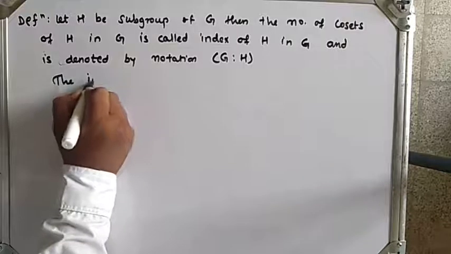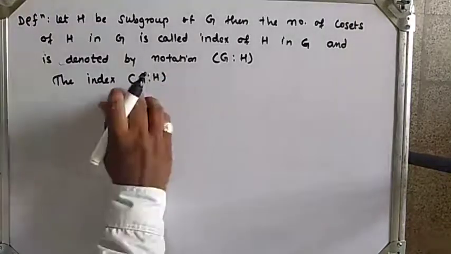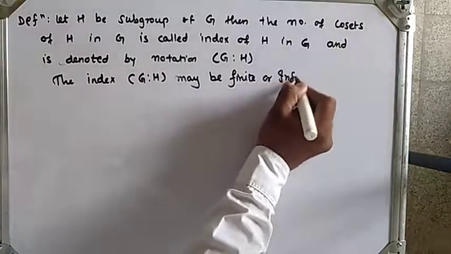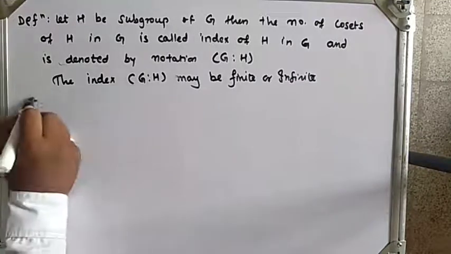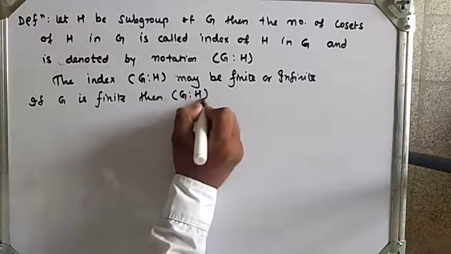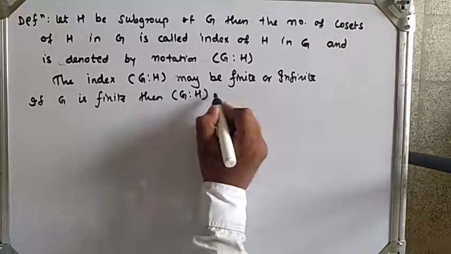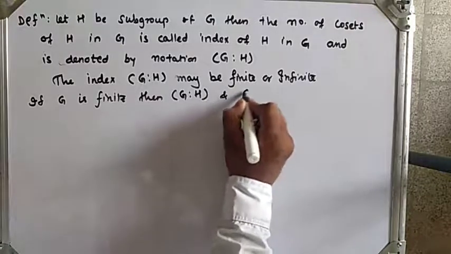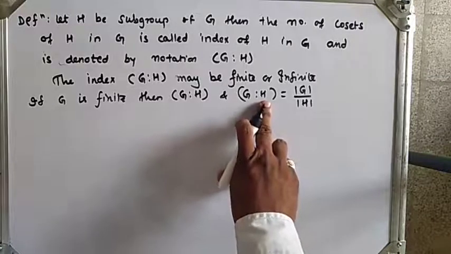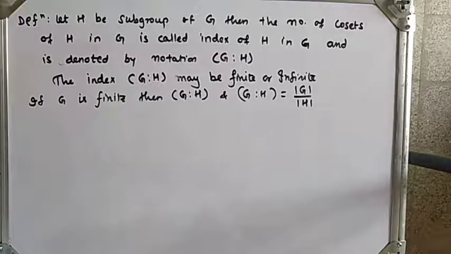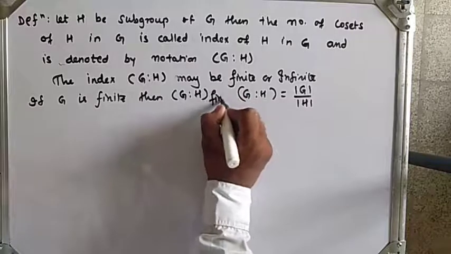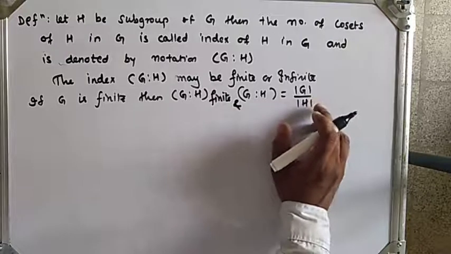So if G is finite, then the index of H in G, read as [G : H], is defined by the order of G upon the order of H. This is the number of cosets of H in G, called the index of H in G.